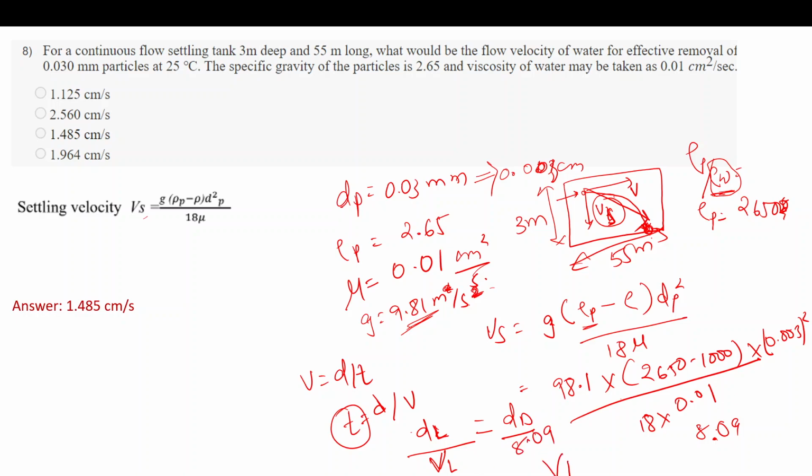So now cross multiply and find the final value, putting in all the values. So length is 55 meters divided by depth, which is 3.